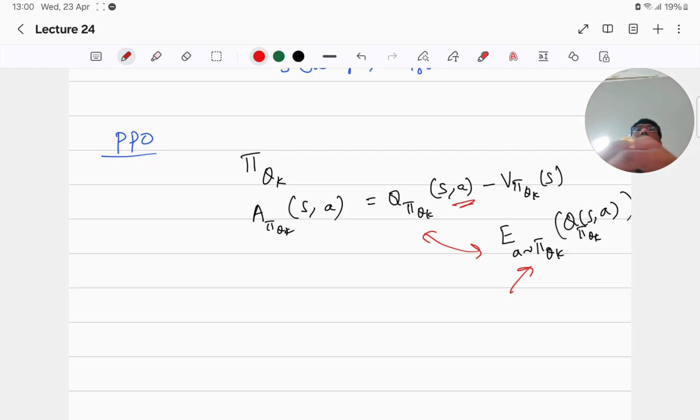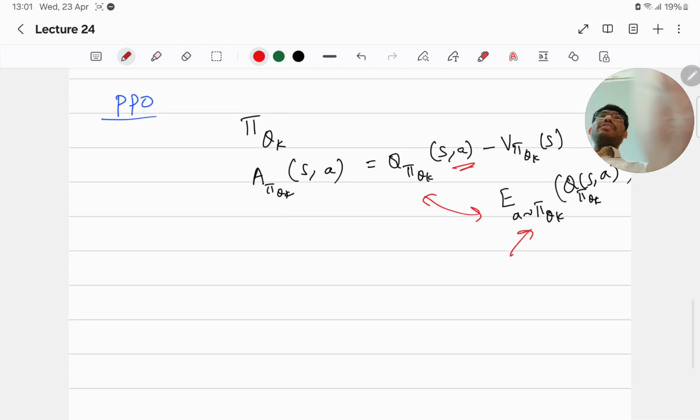Similarly, we can find the advantage function. You can represent it using a neural network and learn its parameters by interacting with the environment using your current policy. So you estimate the advantage function of your current policy, and based on that you decide how to update your policy.